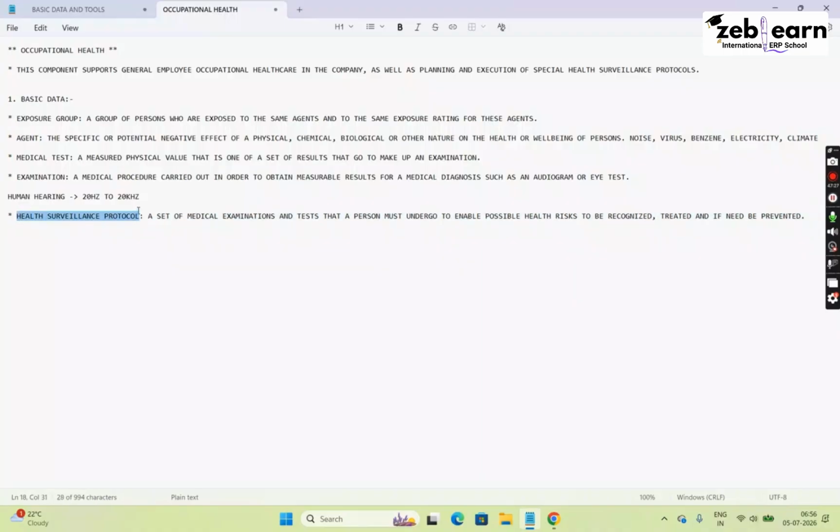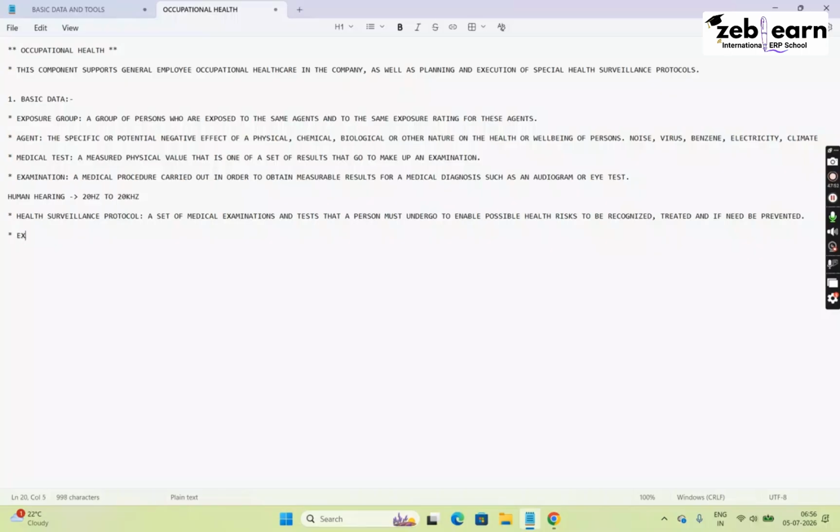But if I want to give you a very simple alternative, I can call it as medical checkup. Okay, it is a medical checkup. So we are going to see what are the different health surveillance protocols we have in the SAP system. We'll see that, and you can also create a health surveillance protocol. All that is possible.